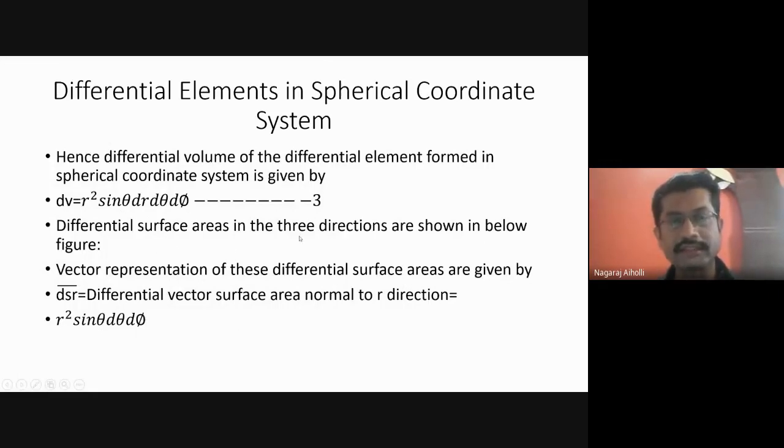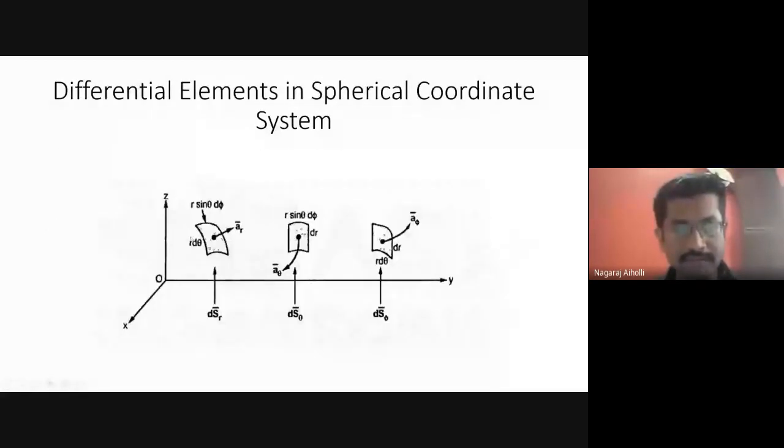Then we look into the differential surfaces. The differential surface areas in the three directions are shown in the next figure, and the vector representation of these differential surfaces is as follows. This is our r sine theta d phi, as we wrote just now for the angle d phi, and this is the arc length r d theta.